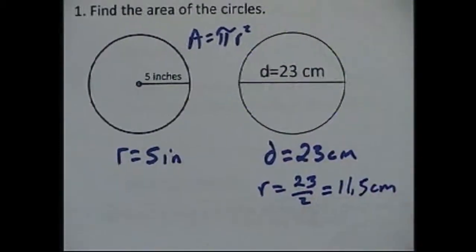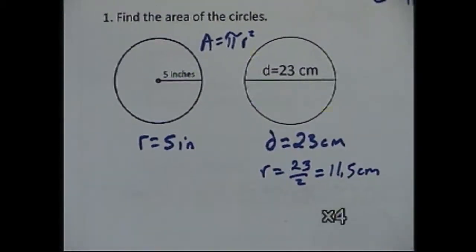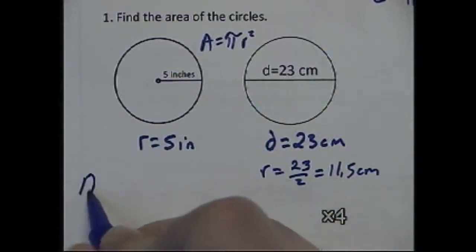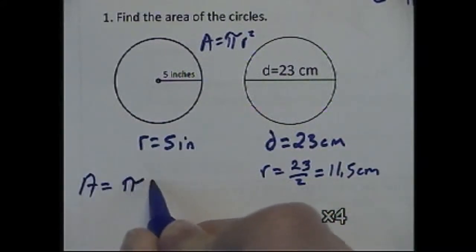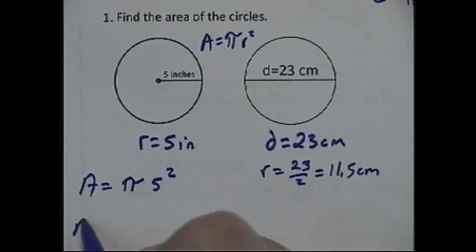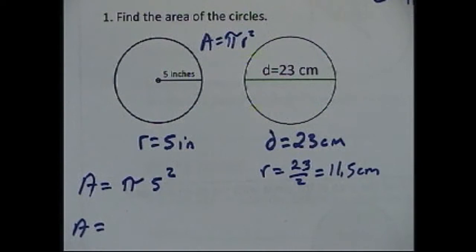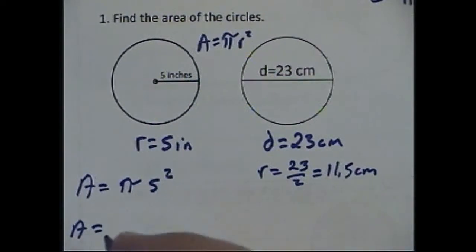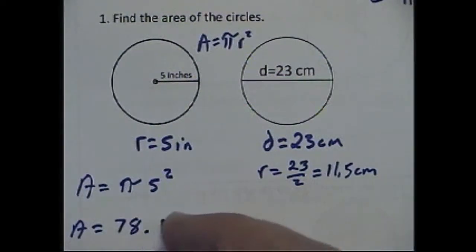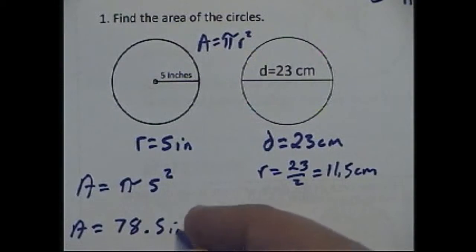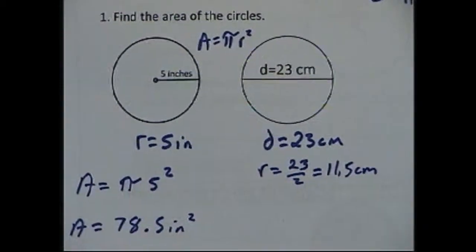From there, we now can use the formula. Circle on the left, area equals pi 5 squared. You'll use the pi button on your calculator. Pi 5 squared is 78.5. And this is area, so it is square inches.